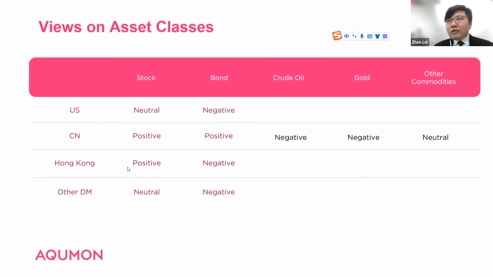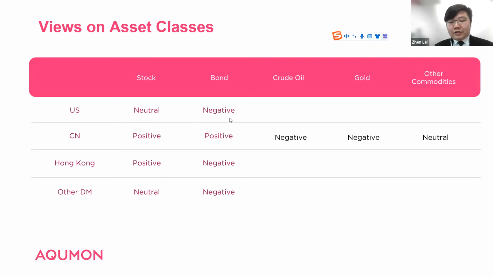However, we know that in 2021, the Hong Kong stock market went down significantly, and most of these assets are now undervalued compared to assets in the United States. Therefore, we think that there are opportunities for the Hong Kong stock market. And for the other developed markets, we also hold the neutral view.